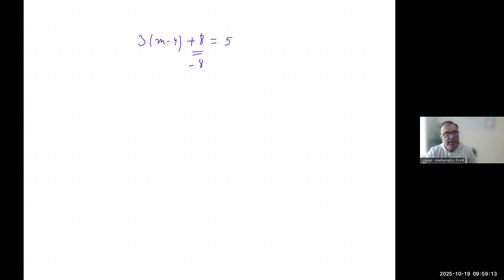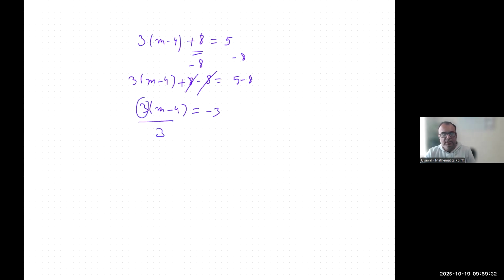So I have 3m minus 4 plus 8 minus 8, 5 minus 8. 8 gone. 3m minus 4 equals to negative 3. Then I can get rid of this 3 by dividing it on both the sides. It's a product, gone. M take away 4 equals to minus 1 and m equals to 3.